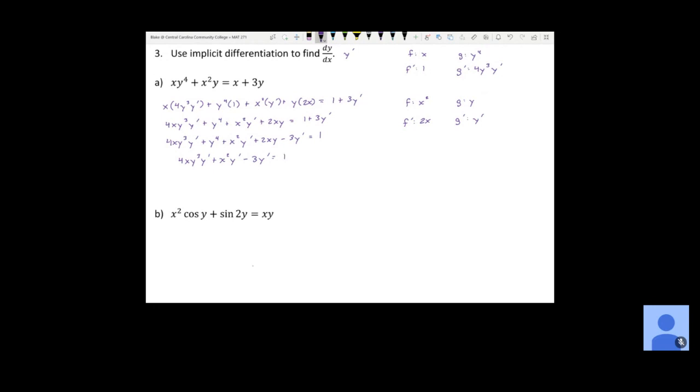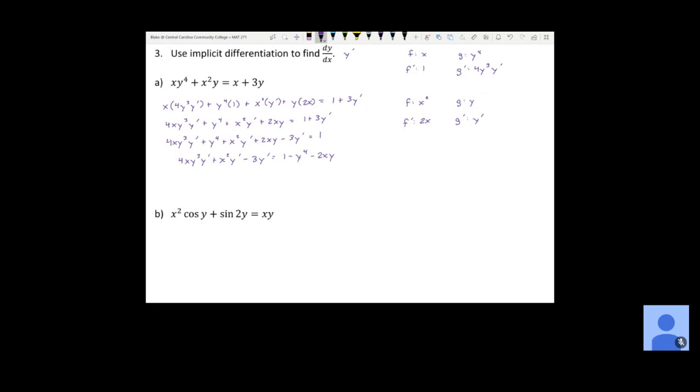On the other side, we're going to have 1 minus y to the 4th and minus 2xy. Just take your time with those steps. If you can move them all at the same time, all the y primes to one side and everything else to the other side, that's fine. Just be careful with the signs, especially as you move those things around.